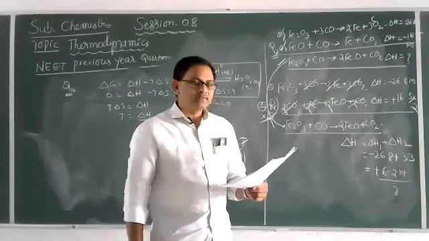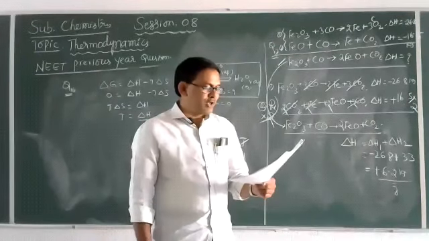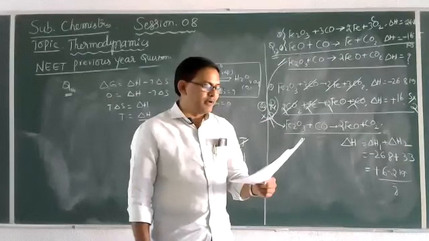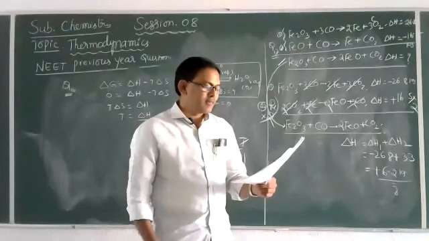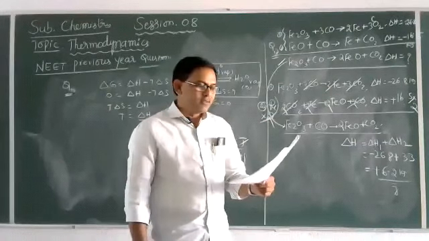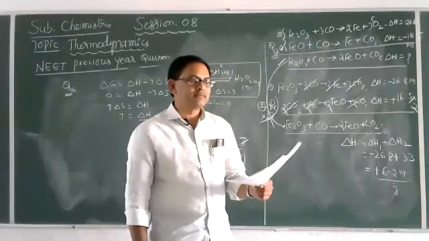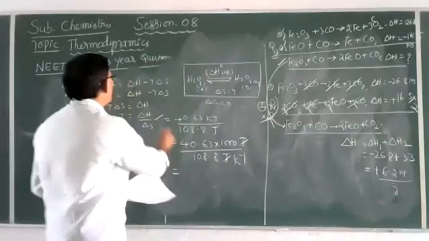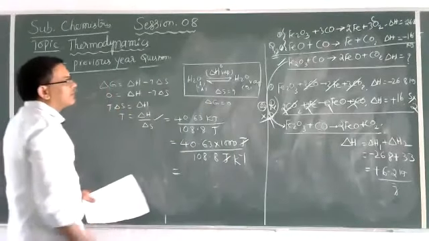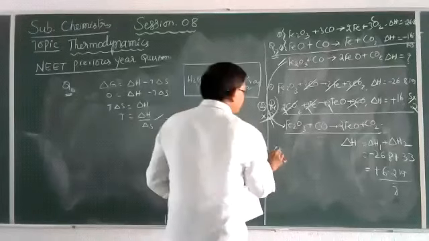Question number 18: if the enthalpy change for the transition of liquid water to steam at a particular temperature is given, the change in entropy for the process would be? Same model as question number 18.